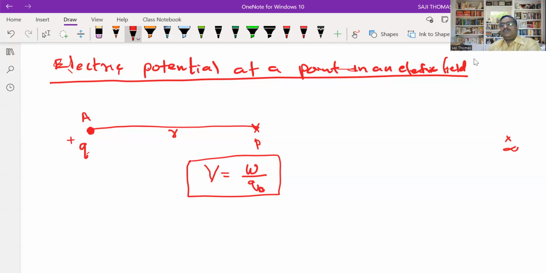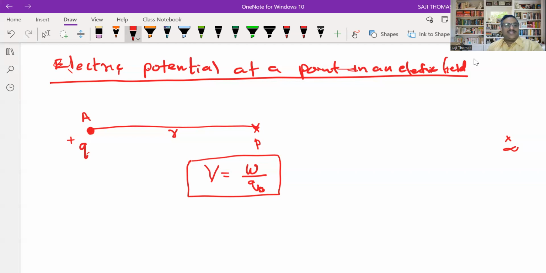What is this Q0? Test charge. W is the work done. So electric potential at a point in an electric field is defined as the amount of work done to move a unit positive charge from infinity to that particular point without acceleration.